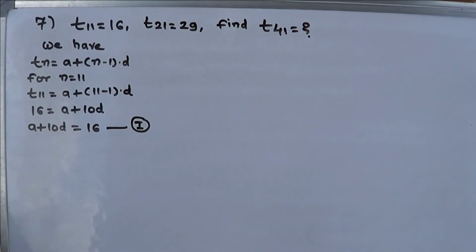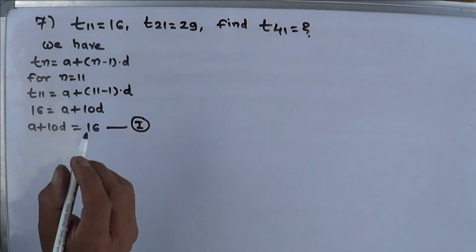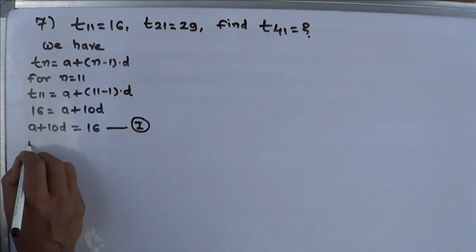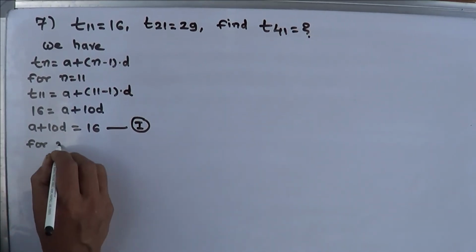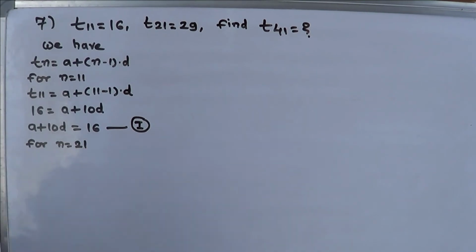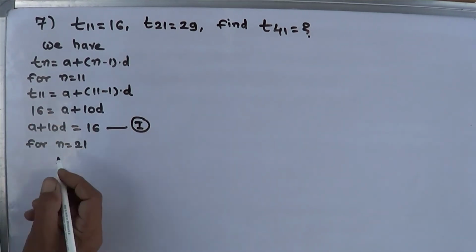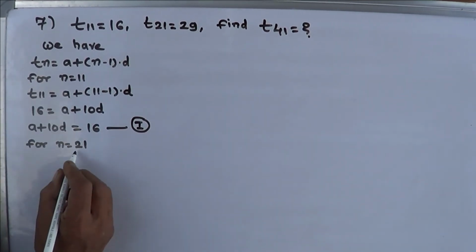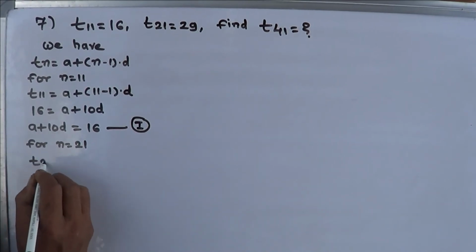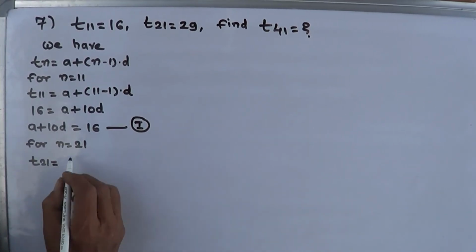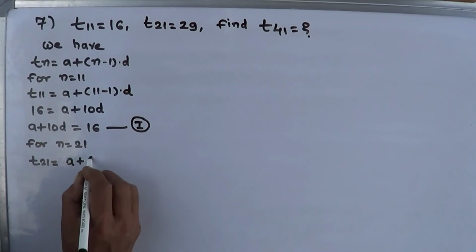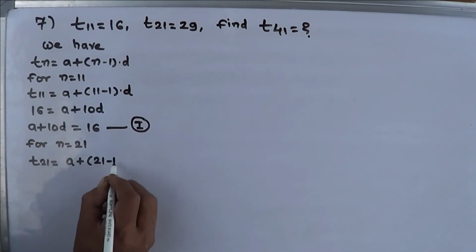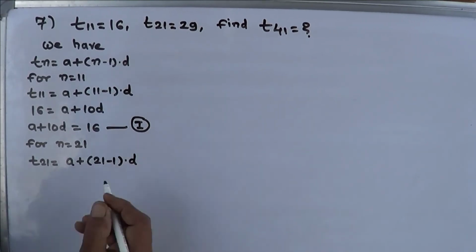A plus 10d equal to 16, and this is our first equation. Now we will find T21. So for n equal to 21, put the values. T21 is equal to a plus the value of n, 21 minus 1, into d.